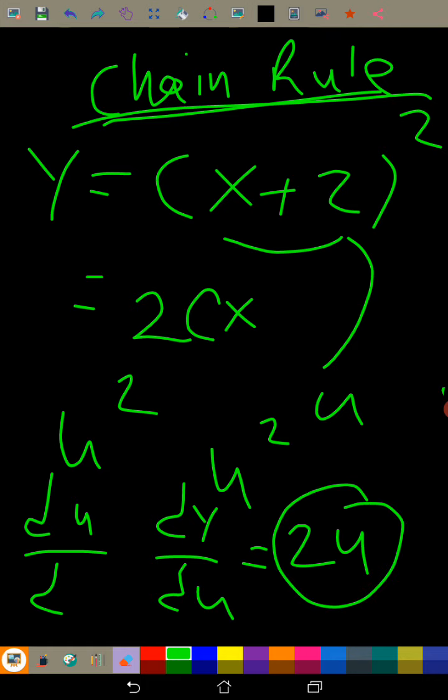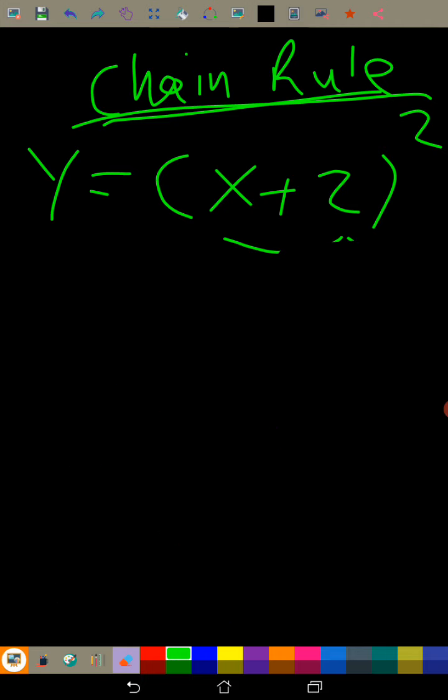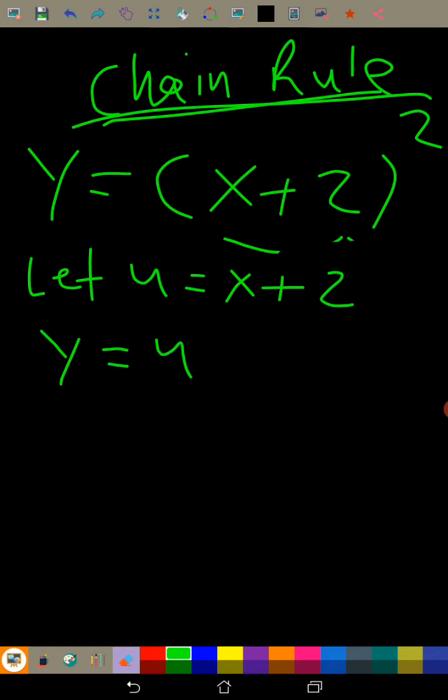Let me just get things done correctly, because I understand that it might not be clear. Let u is equal to x plus 2. So therefore y is equal to u to the power of 2. dy by du gives you 2u.